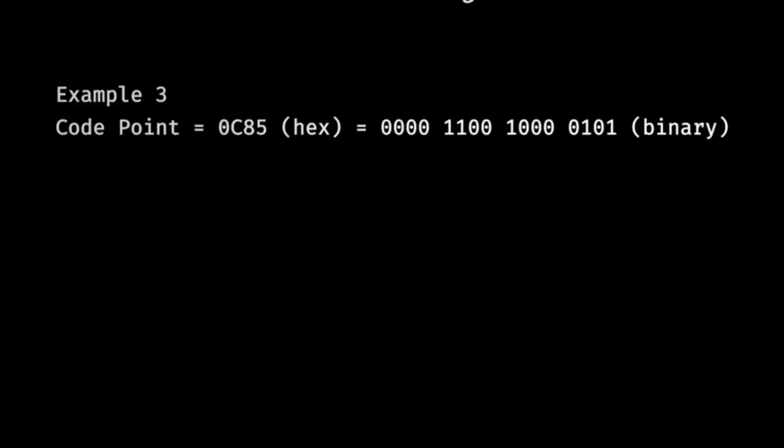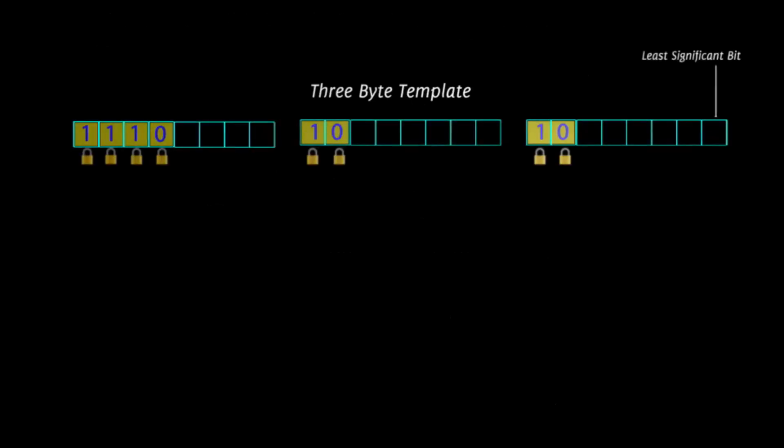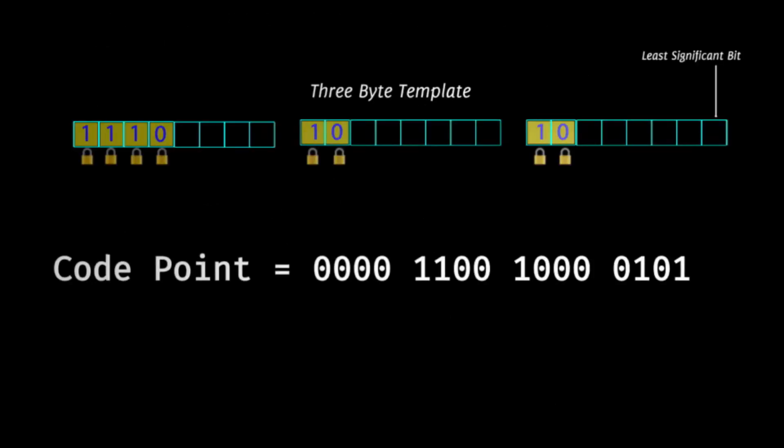Let us now try a code point which lies in the third range. The code point is C85 hex, and the binary version for C85 is as shown. C85 lies between 800 and FFFF, so this belongs to the third range. Therefore, we are supposed to use the 3-byte template. This is the 3-byte template, and this is the given code point.